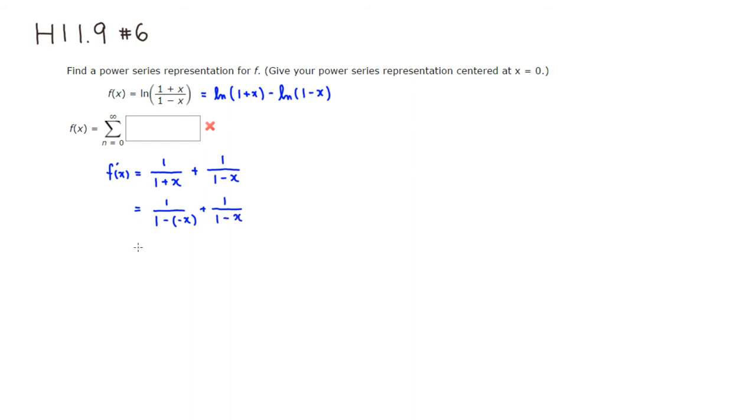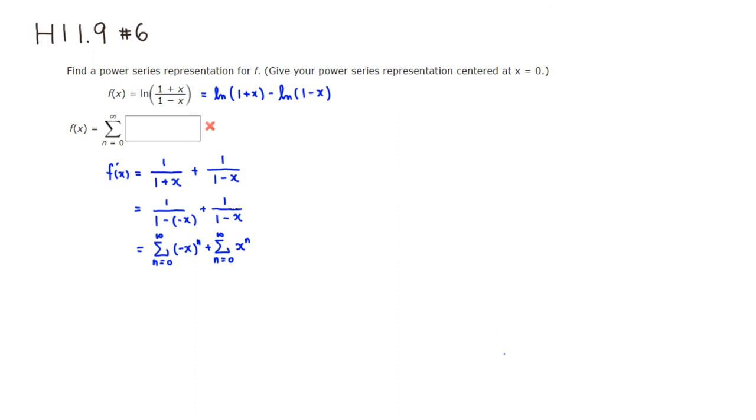The power series for this is going to be a summation, n from 0 to infinity, of just negative x to the nth power. And the power series for the second term would be a summation, n goes from 0 to infinity, x to the n.